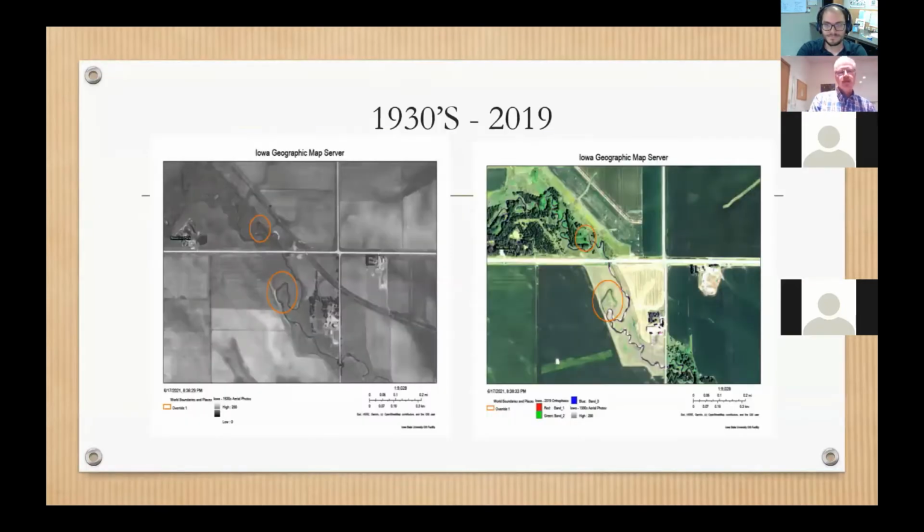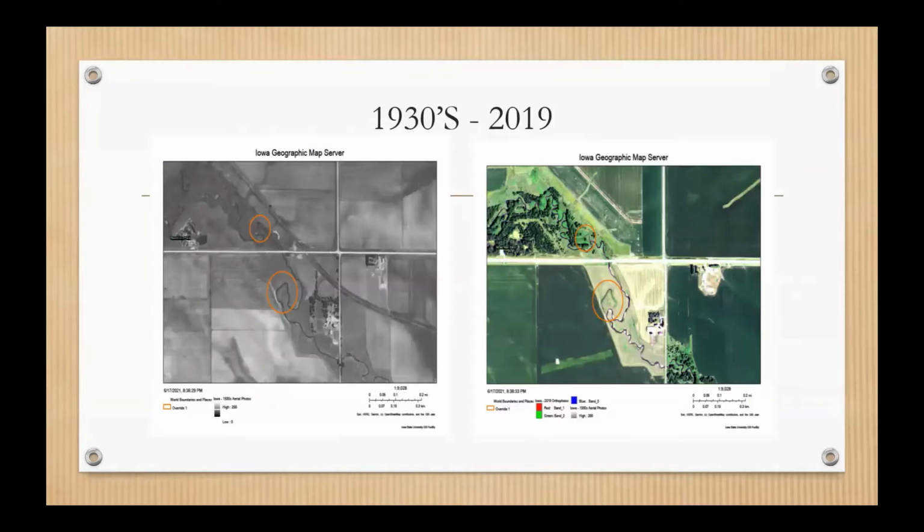First, I just wanted to show something I thought was kind of interesting. This is actually not too far from here in Blackhawk County. If you look at the two slides here, on the left, from the 1930s, the two areas that I have circled are bends in the stream. They're what we call meanders, and they're quite severe meanders.